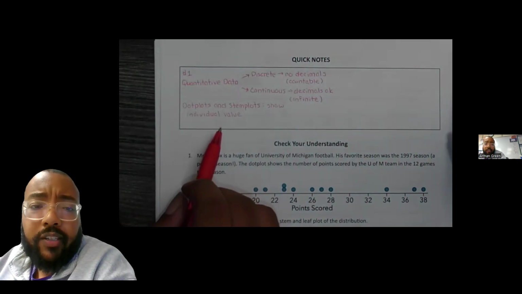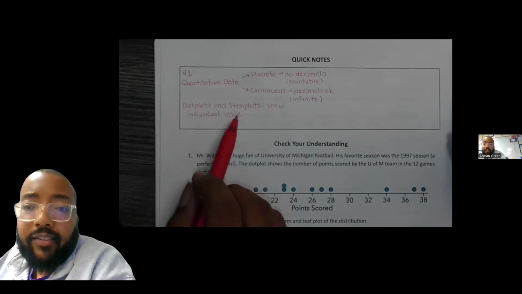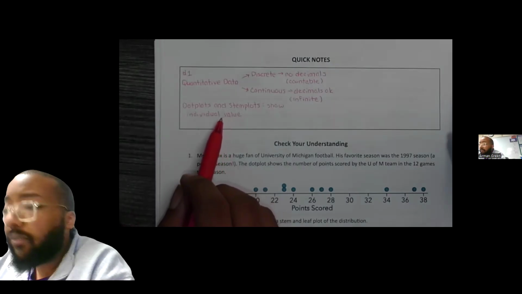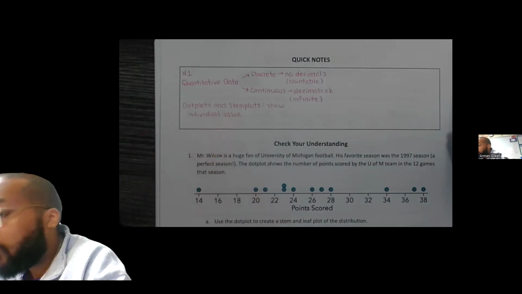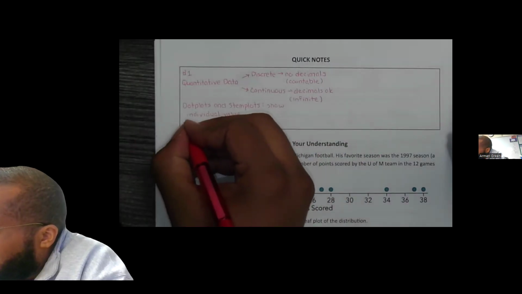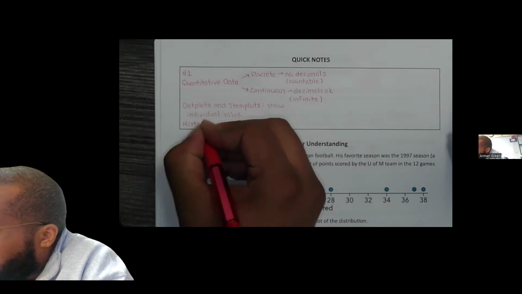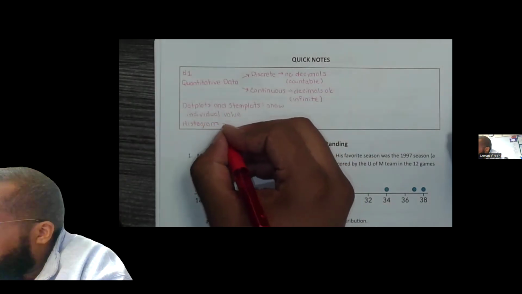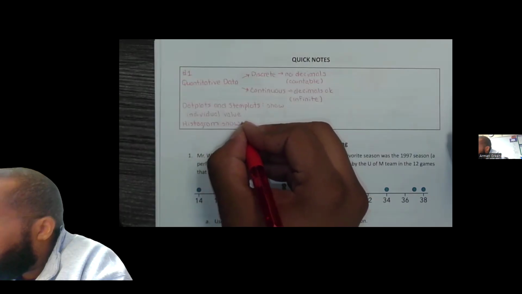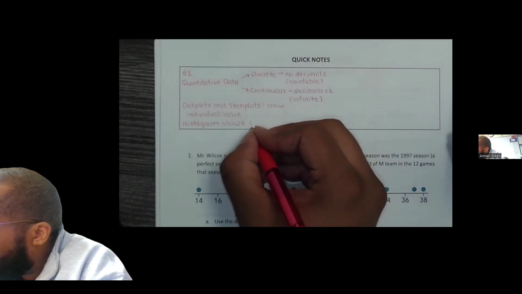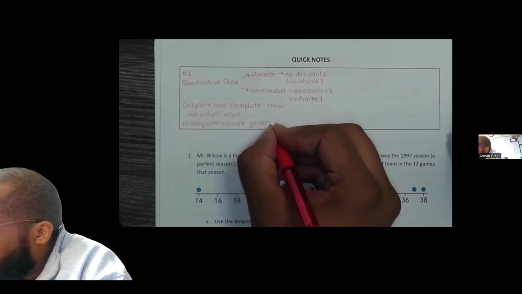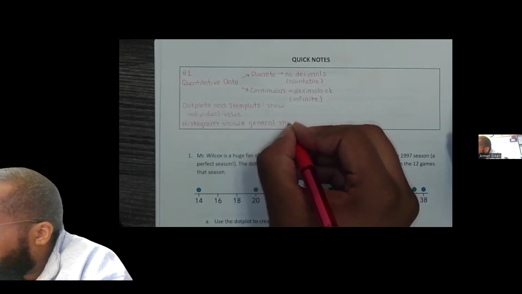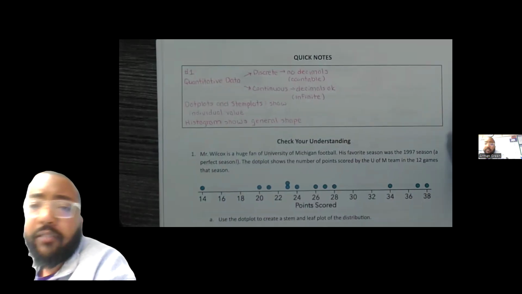So if you want to see every single response, dot plots and stem plots might be the one to go with. Whereas if you have a large set of data and you don't necessarily want that, then probably a histogram is the way to go. Histograms just show general shapes. It'll give you the right idea of what's happening with your data, and you can go from there.